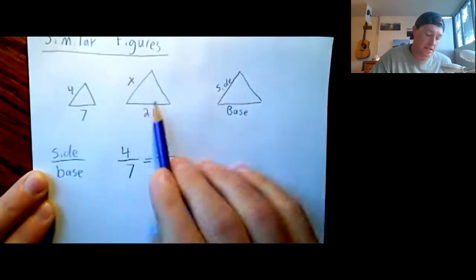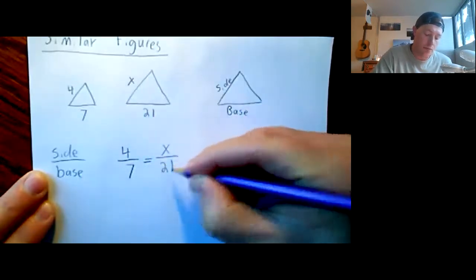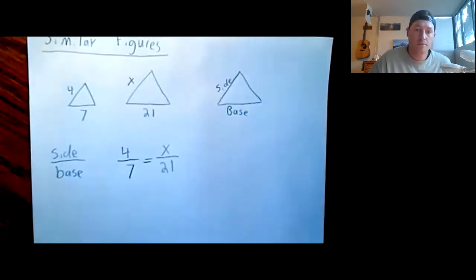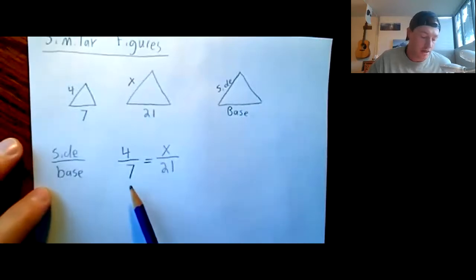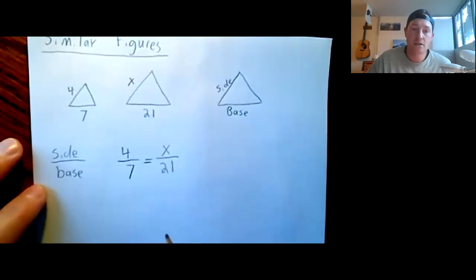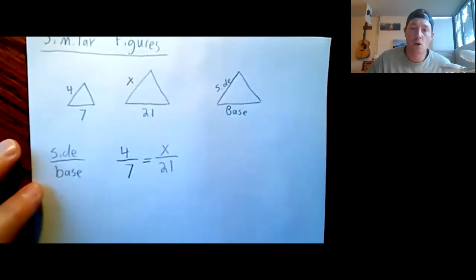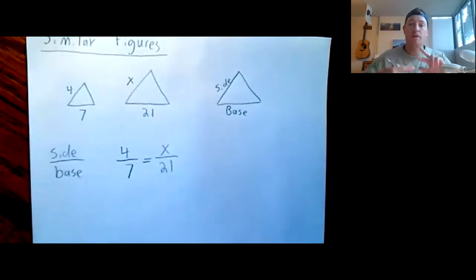And the base of this one over here is 21. There's our proportion. Again, the hardest part of these proportion problems is setting it up correctly and making sure that our sides and our bases are all corresponding. We don't want them flipped around. That would mess everything up.